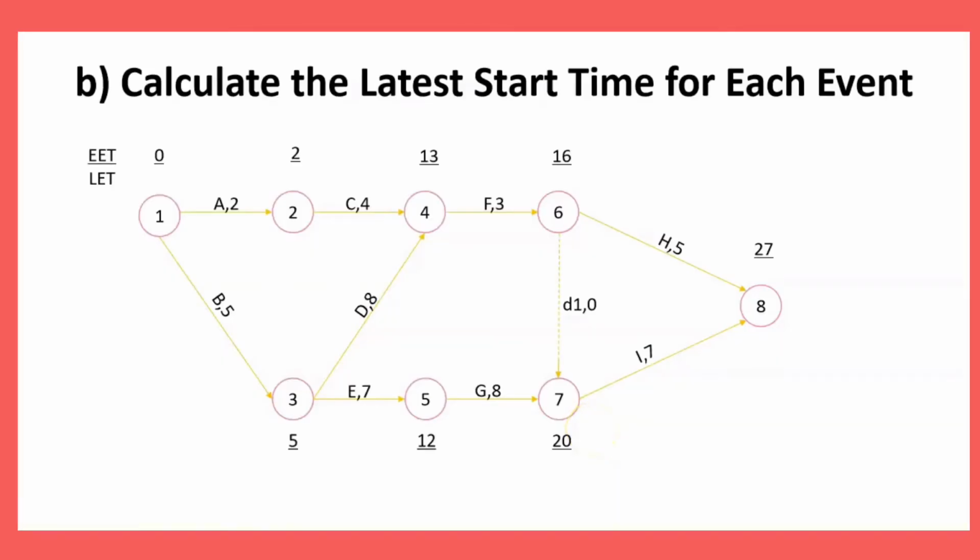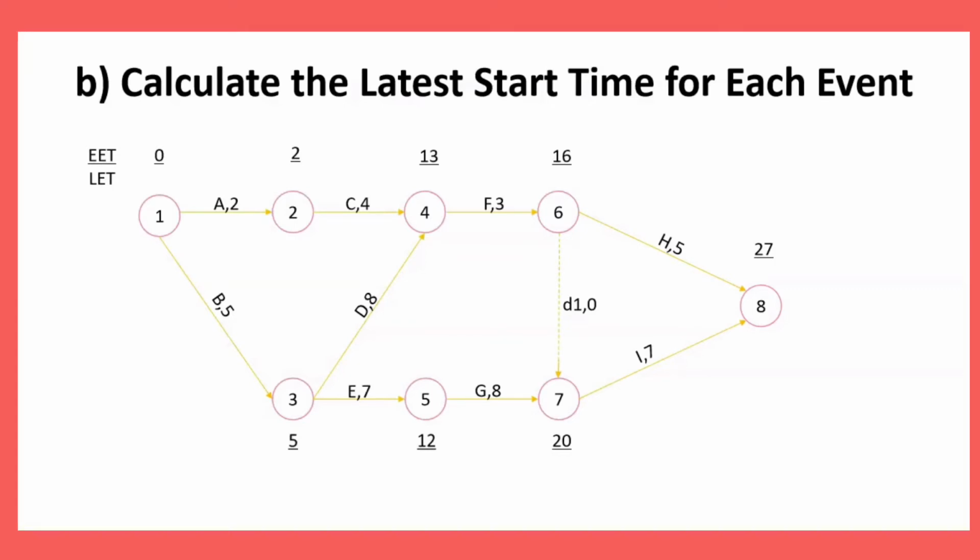Next, we will calculate the latest start time for each event, known as LET. The first step to calculate LET is we just need to use the previous diagram in which we calculated the EET.